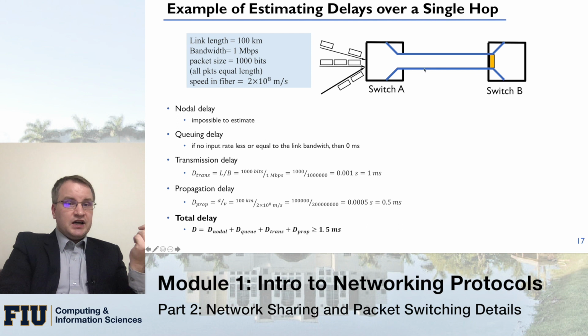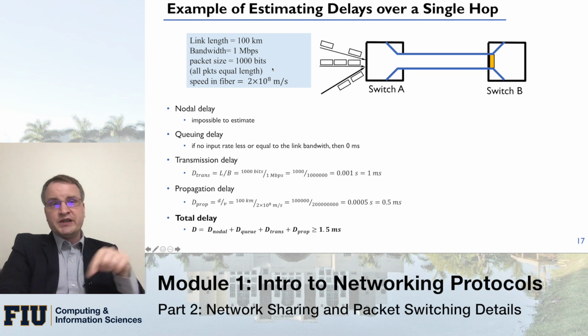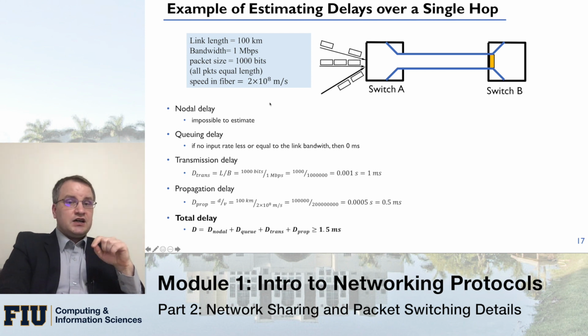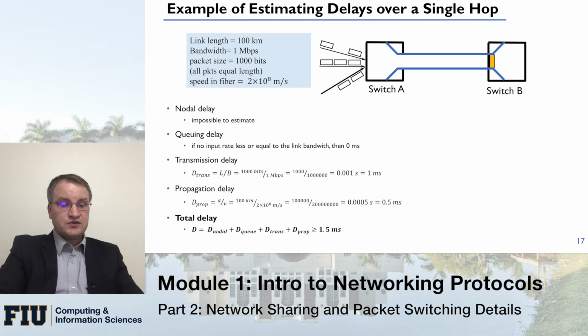For the transmission delay, you literally need to calculate based on the link bandwidth. If you have a packet of 1000 bits, in bytes it would be divided by 8, and you divide by the bandwidth, which is 1 megabit per second, and you get around 1 millisecond that it's actually taking to put a single packet on a wire.